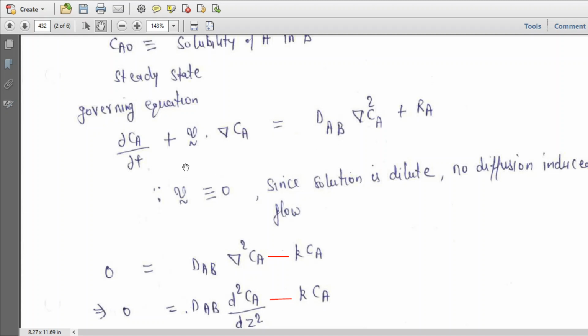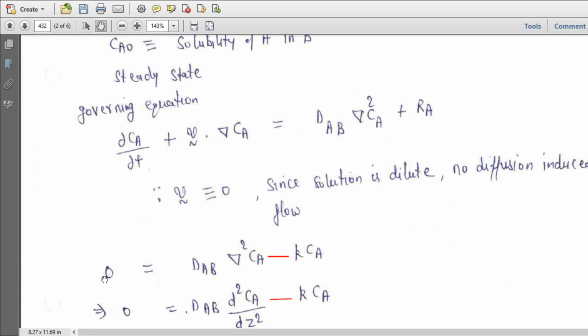Now in this case the diffusion induced velocity is equal to 0 because the solution is dilute. So in this case v is 0, or you can say the vector is 0, so this particular term is 0. Second, we are considering steady state operation, so the del CA upon del t term would also be 0.